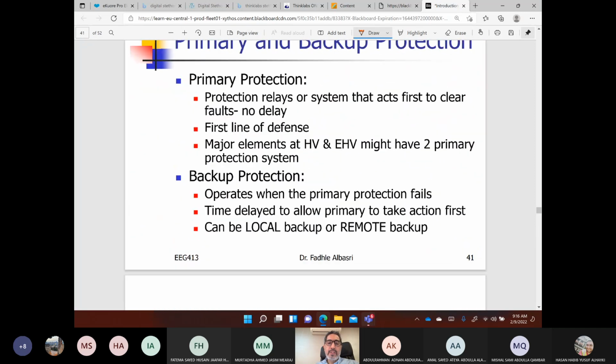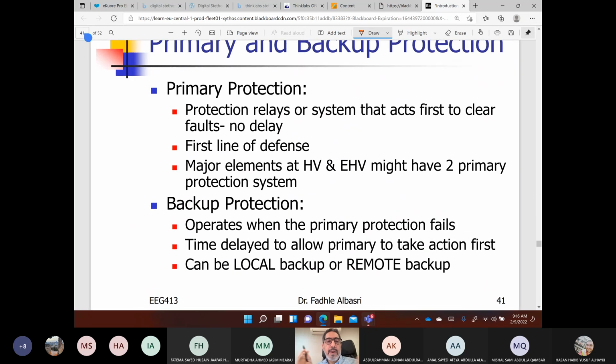So the types of protections we have are primary protections and backup protections. The primary protections should act first to clear the faults and represent the first line of defense.